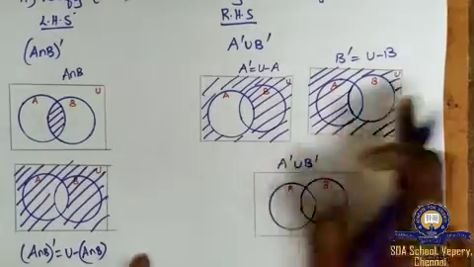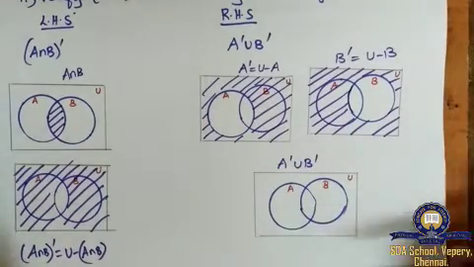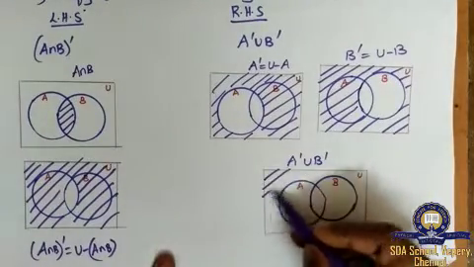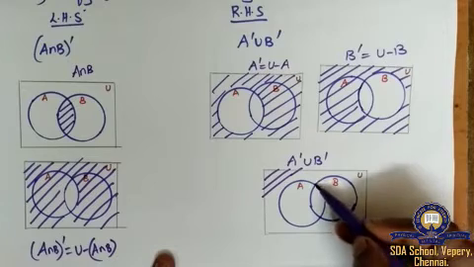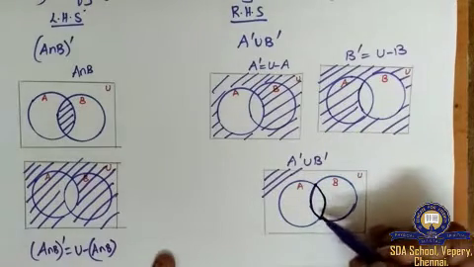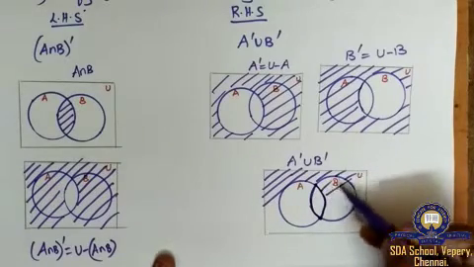We are going to club A dash and B dash together. Clubbing or combining or joining is said to be union. See, I am going to join. Which part should not be traced out? This part should not be traced out. Other than this part, everything should be shaded.